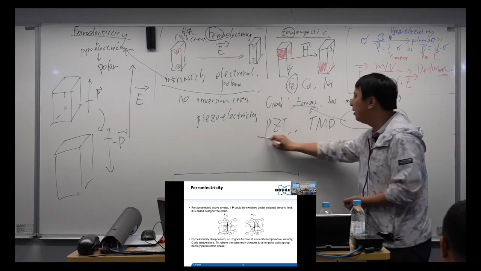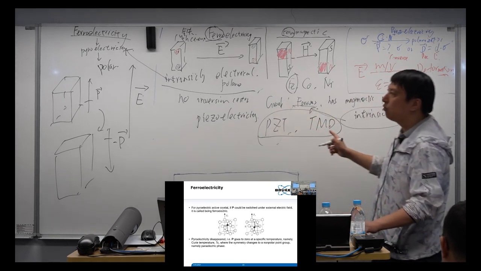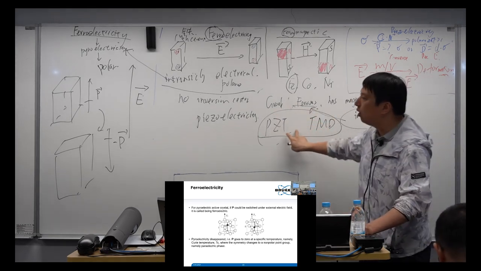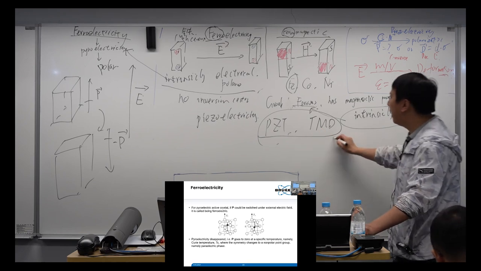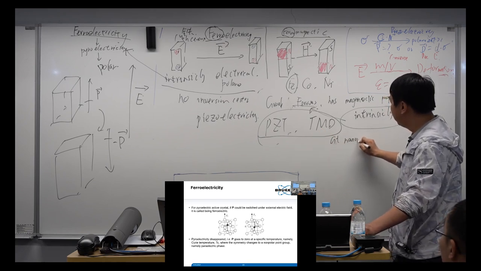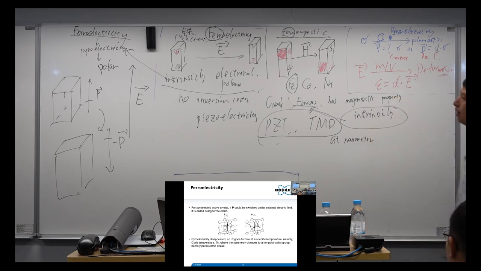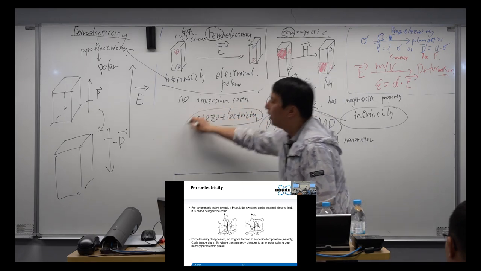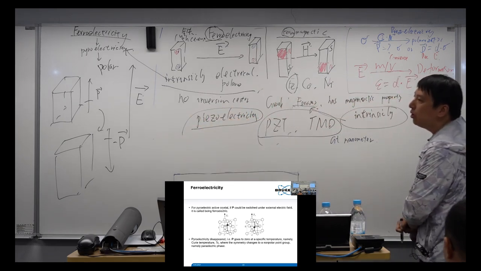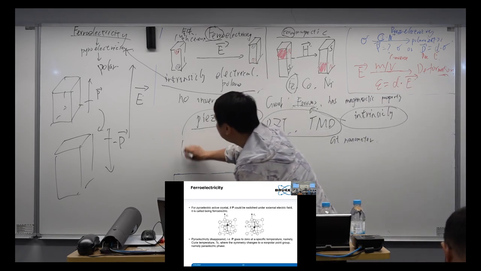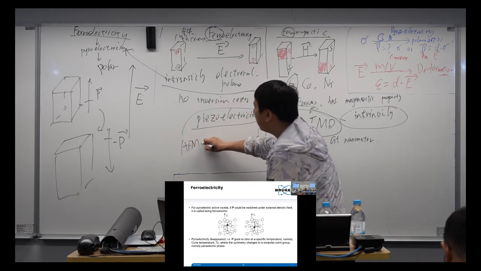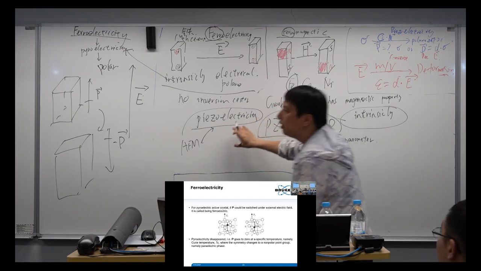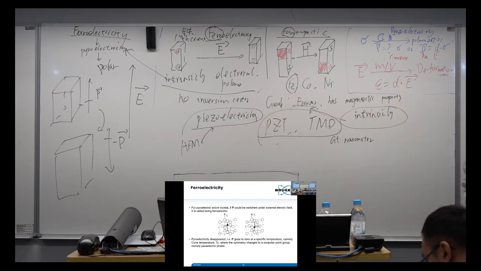We want to study the ferroelectricity of these materials at the nanometer scale. Since these materials are piezoelectric, we will use AFM to study the piezoelectricity of these ferroelectric materials. Okay, that's our logic today.